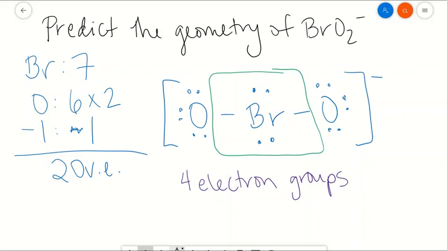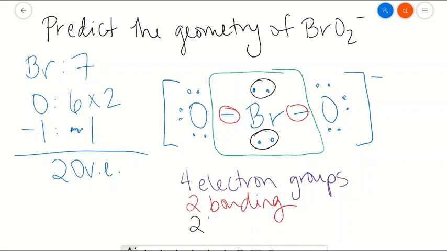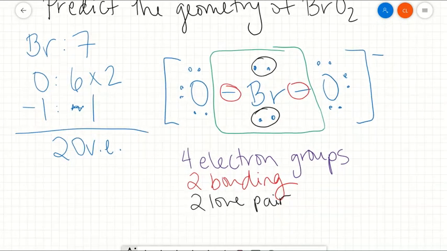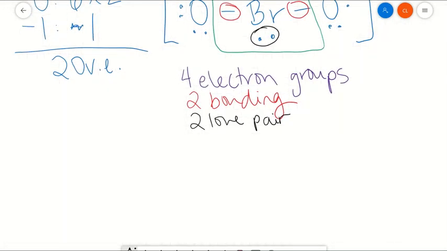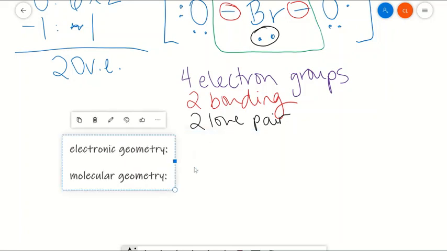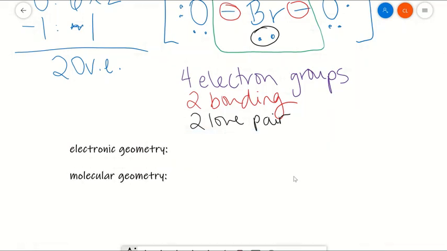How many of them are bonding? 2 bonding. And we have 2 lone pairs. Okay, so what's the electronic geometry for steric number 4?